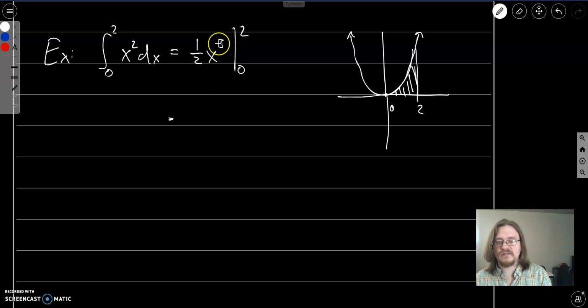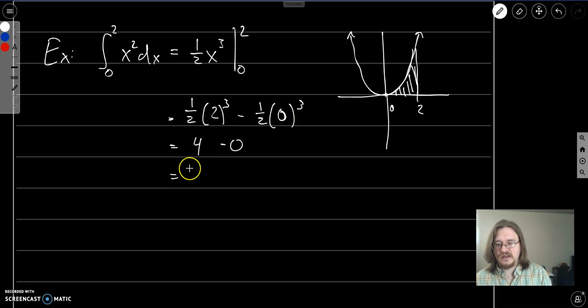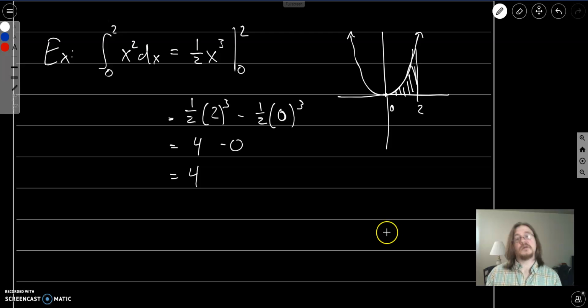So here, 1/3 x cubed. If I plug in 2, I'll get 1/3 2 cubed, and I'll subtract 1/3 0 cubed. Again, 2 cubed is 8, minus, well, that's just going to be 0. So here the area is going to be 8/3.